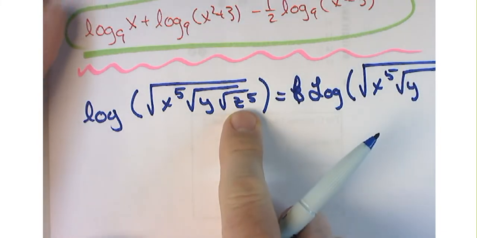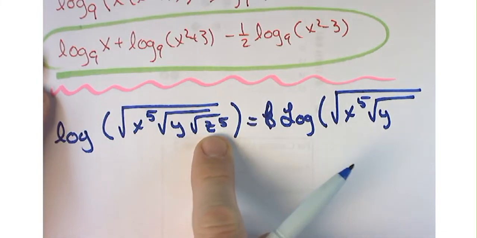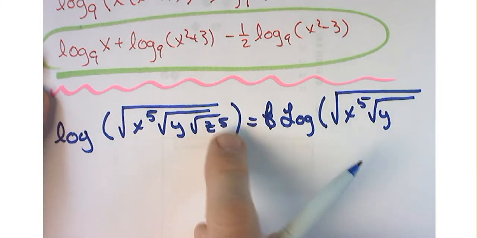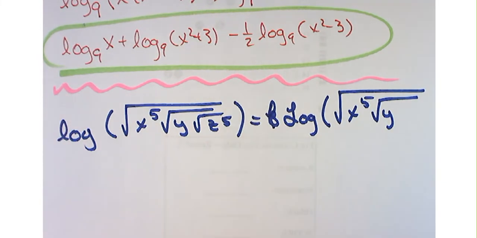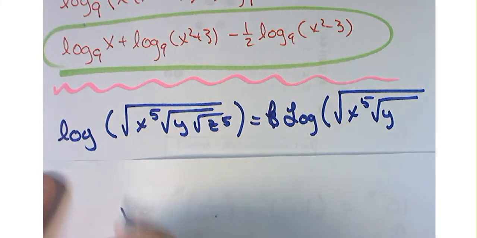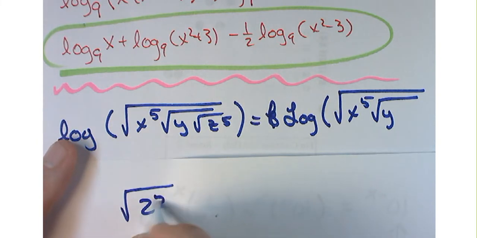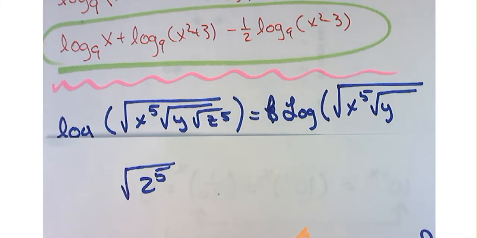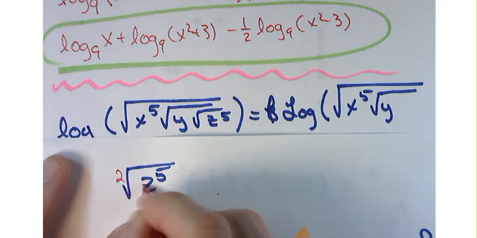But instead of square roots, I'm going to write this as z to some power. And we've got to think carefully, well, what's that going to be? So you've got square root of z to the fifth. And maybe it helps a little bit to think of there being a 2 out in front here.